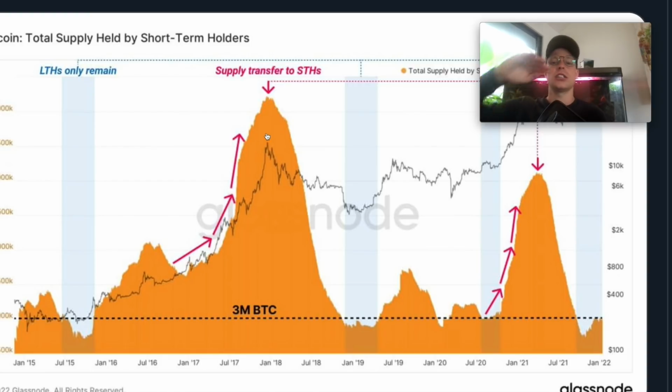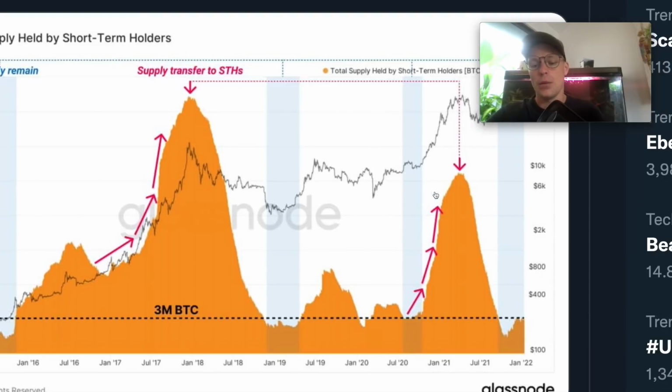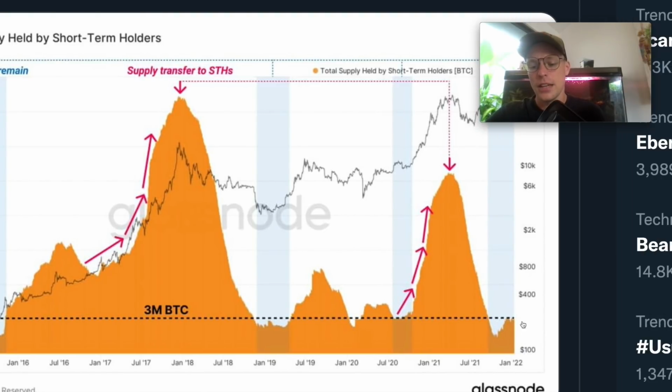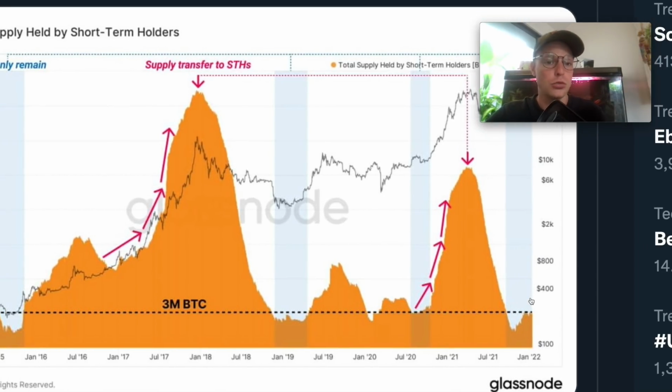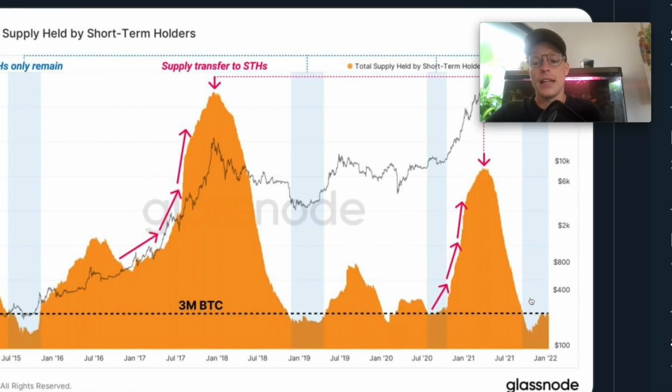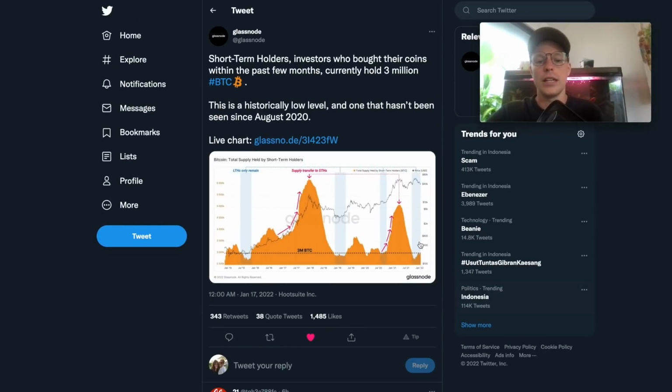Most of the time we are seeing the top of this metric coming along with a top in the price. And what we are seeing right now is that the Bitcoins that are in circulation are mainly held by strong hands, which also means that retail is not really participating too much right now in the markets. I think that is also visible when we have a look at other metrics like Google Trends, for example.